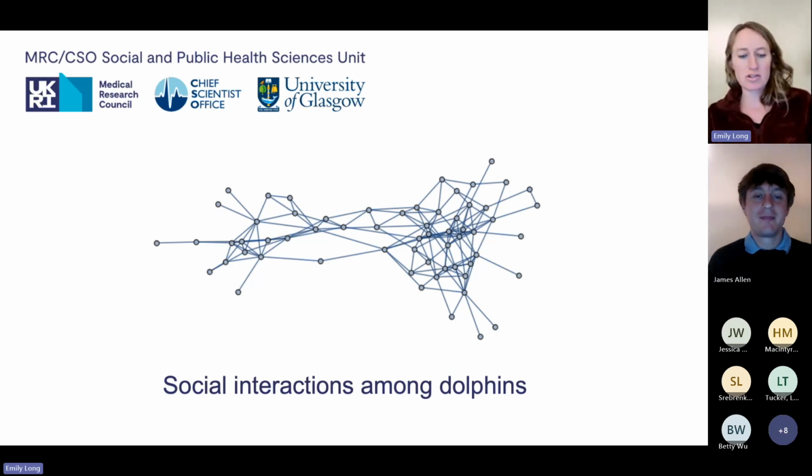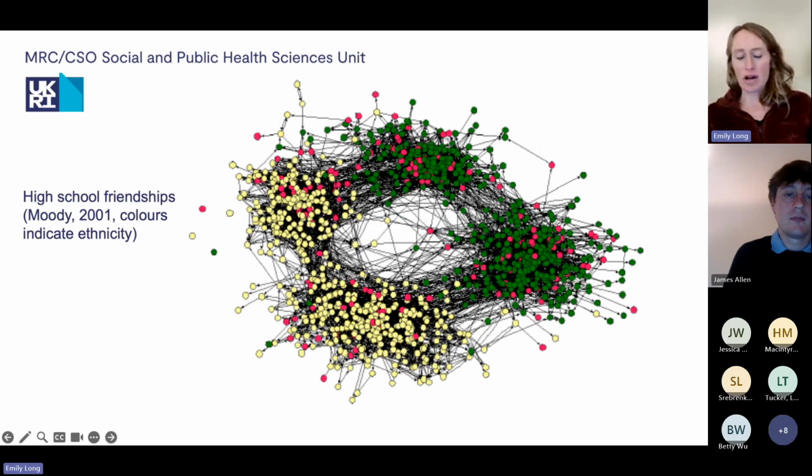Sorry, I should have a citation on here. This is one of my favorite networks. I don't know at all how they measure what a social interaction is in a dolphin pod, but I think I should be doing that for my research rather than young people. You can see there are some dolphins over here that only have one interaction, whereas there are other super popular dolphins here.